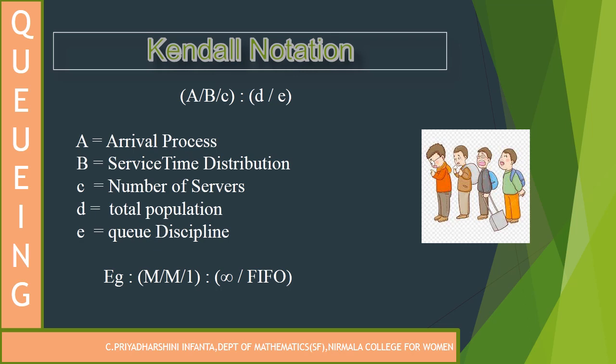That is, any number of customers can arrive in the system. And the last one is the queue discipline, wherein the customers who come first should be served first and they have to leave the queue.